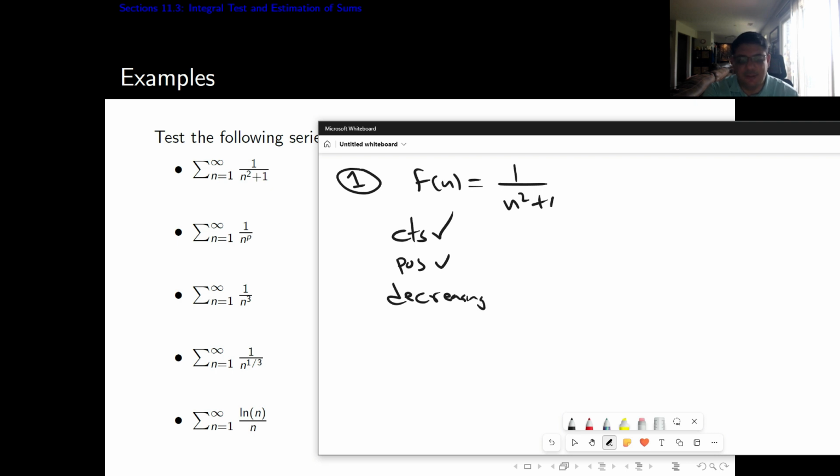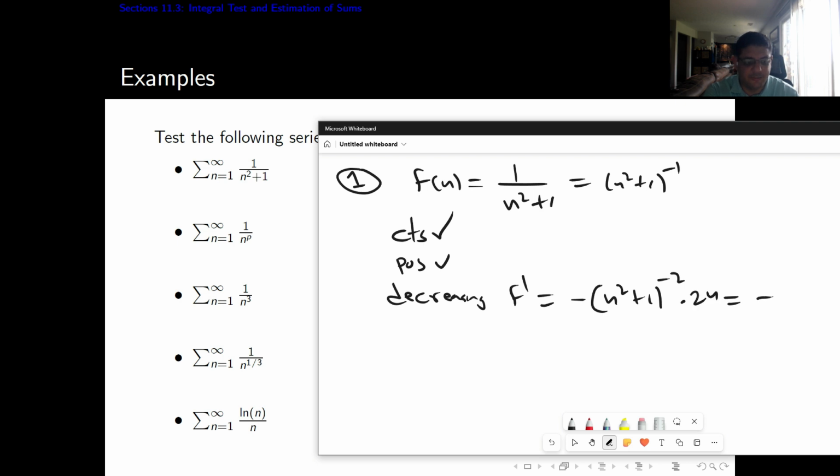To check decreasing, I can calculate what f prime is. Notice that this is (x squared plus 1) to the minus 1, so I can do a chain rule here. This is minus 1 times (x squared plus 1) to the minus 2, and by the chain rule, times 2x.